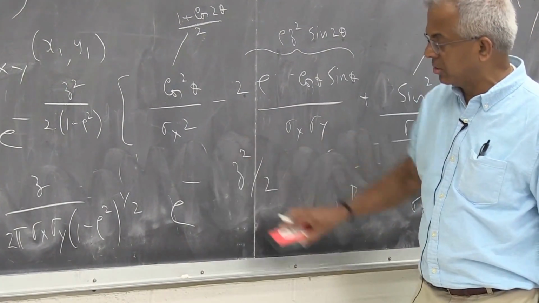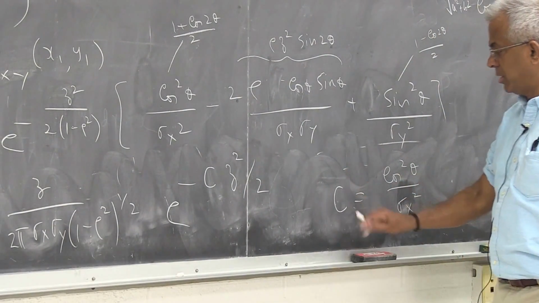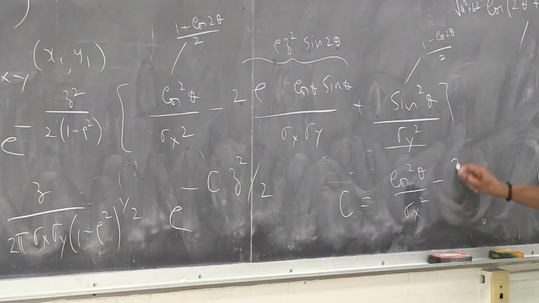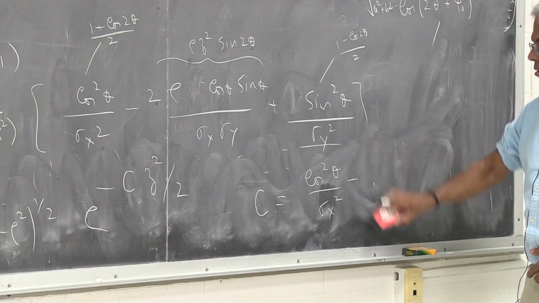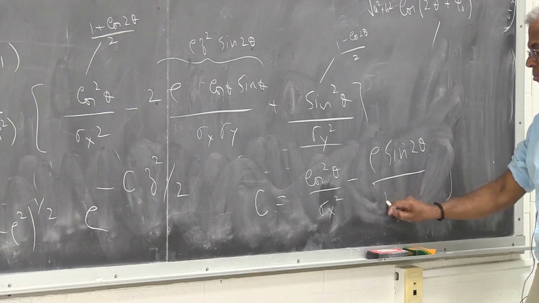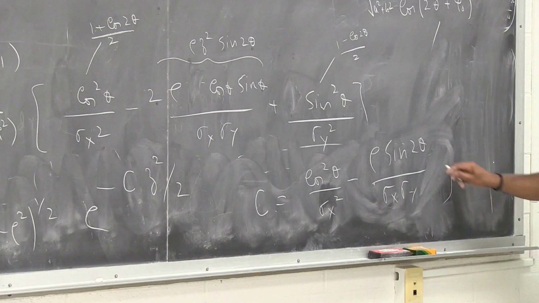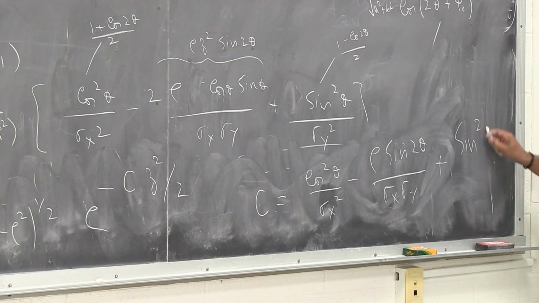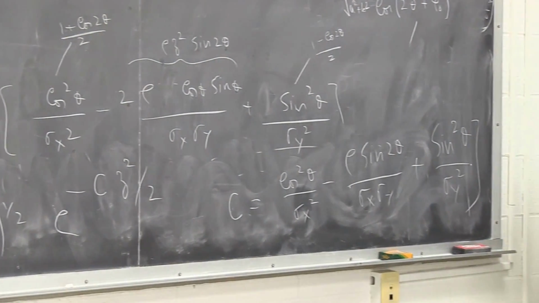Let me call it c, where c is cos squared θ over σx squared minus 2ρ sine 2θ over σx σy plus sine squared θ over σy squared. Okay, that's your constant c.